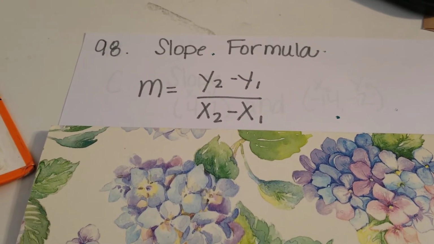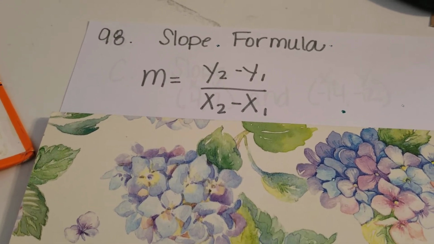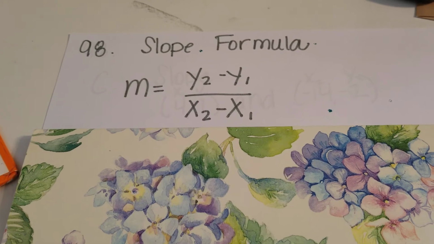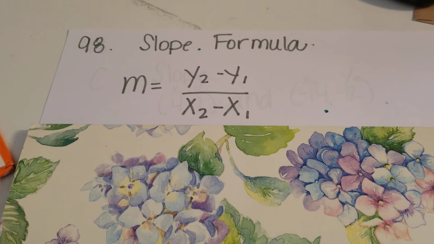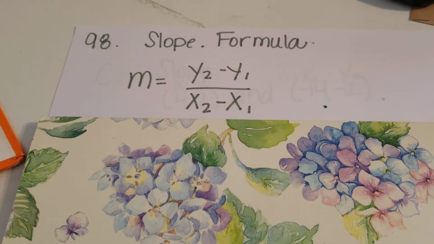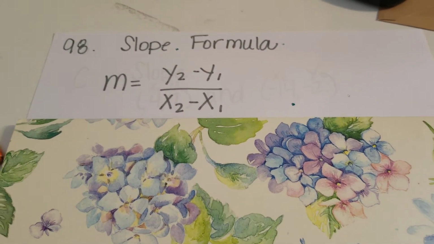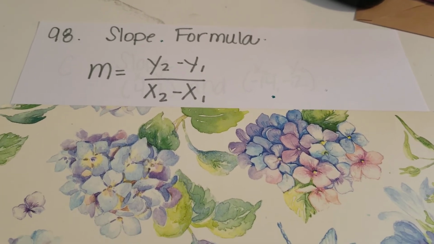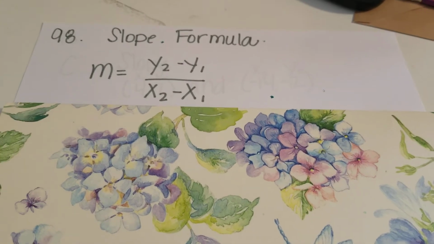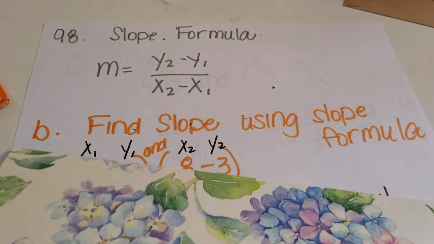If I'm given any 2 points on a graph, I can always find the slope using this formula, even if they're decimals or fractions or big numbers, and I can't draw it out and count. So it's y2 minus y1 over x2 minus x1, and I'll show you what that means.